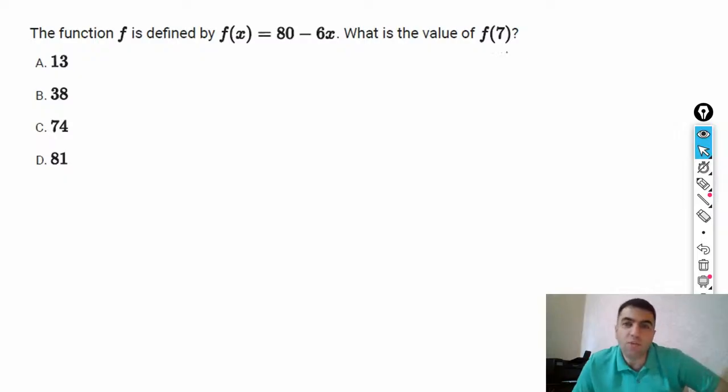What's the value of f of 7? We should write 7 in the place of x, right? 80 minus b. This is b.